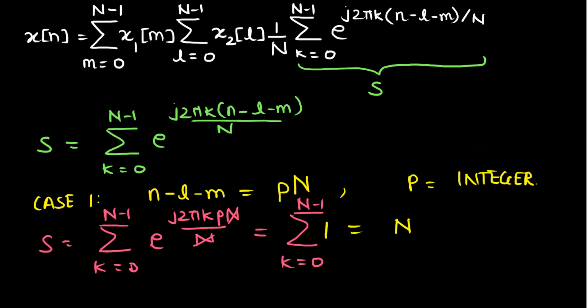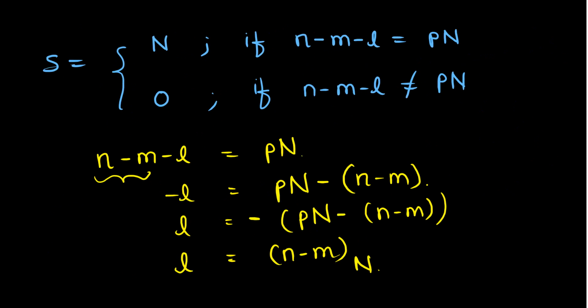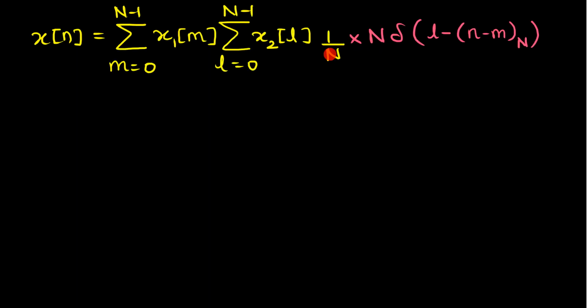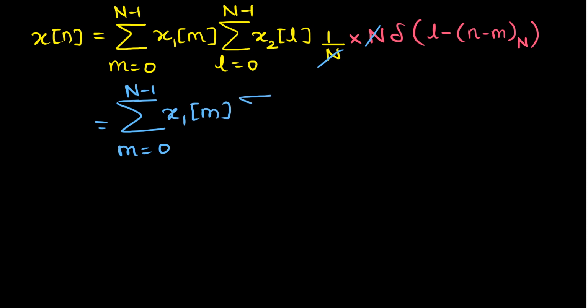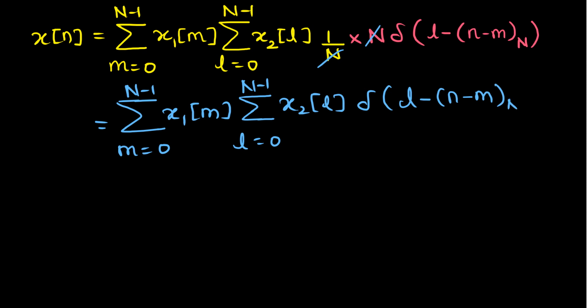And now if we substitute this value of n in this expression that is here, so we have it something like this. So this factor n and n gets cancelled, and what we are left with is summation m running from 0 to n minus 1 x1 of m, summation L running from 0 to n minus 1 x2 of L into del of L minus n minus m mod n.